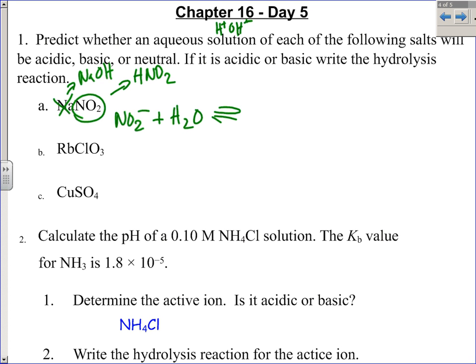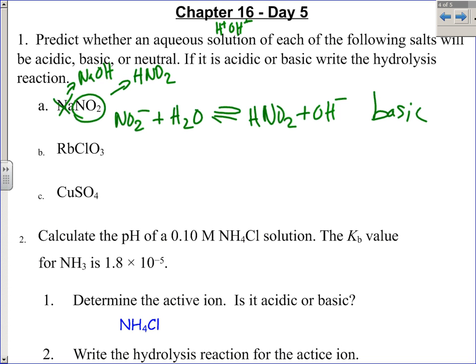Which one is that NO2 minus going to be attracted to? It's going to be attracted to the hydrogen. So it's going to pull a proton from water, making HNO2 and leaving OH minus. That's why this is basic. You should be able to know before you do the hydrolysis reaction that it's basic, but there's your proof. So if the AP test asks you to justify why a certain ion is acidic or basic, remember, write the hydrolysis reaction.